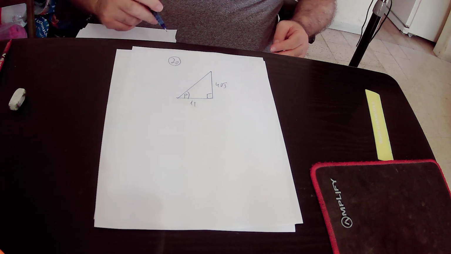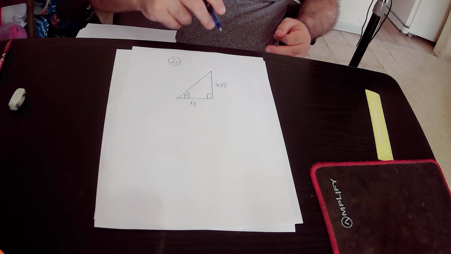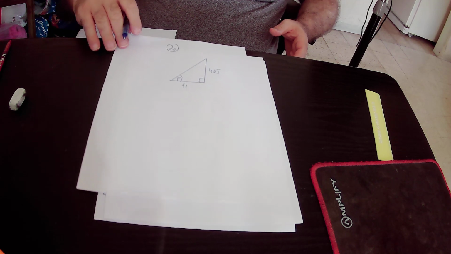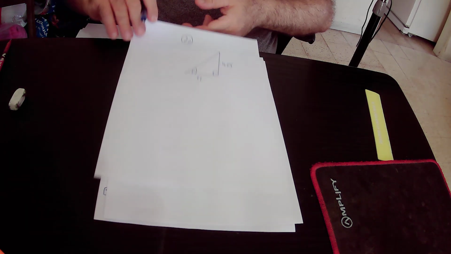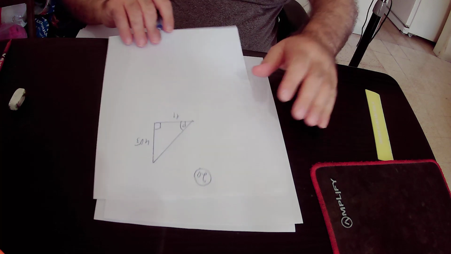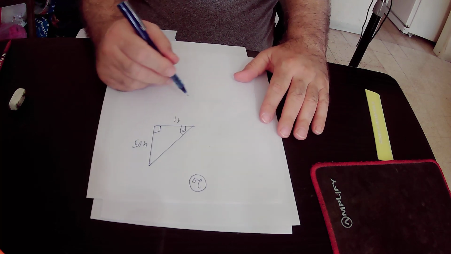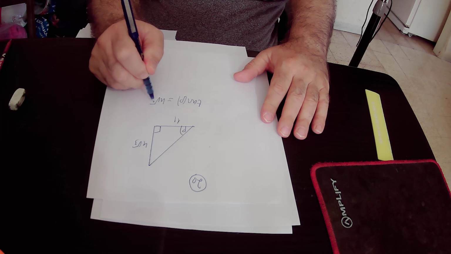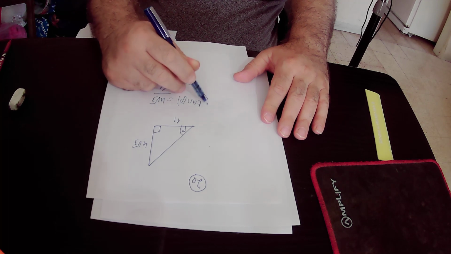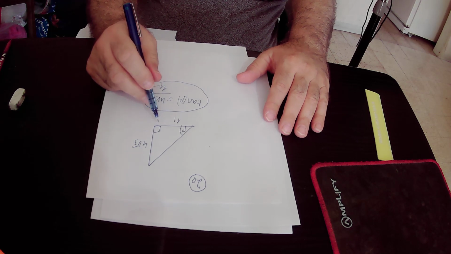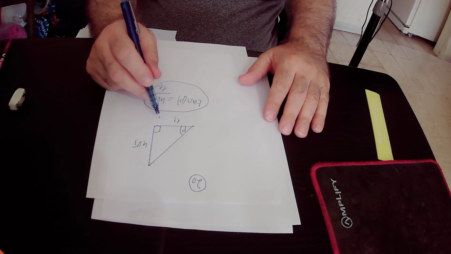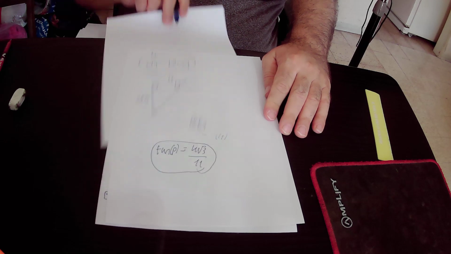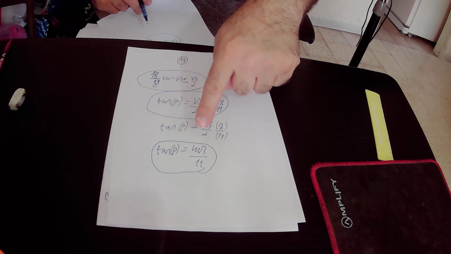We have angle P. This right triangle with its sides expresses exactly this function, because in this drawing the value of tangent P will be equal to 4 times root 3 over 11, exactly the same result as we found here.